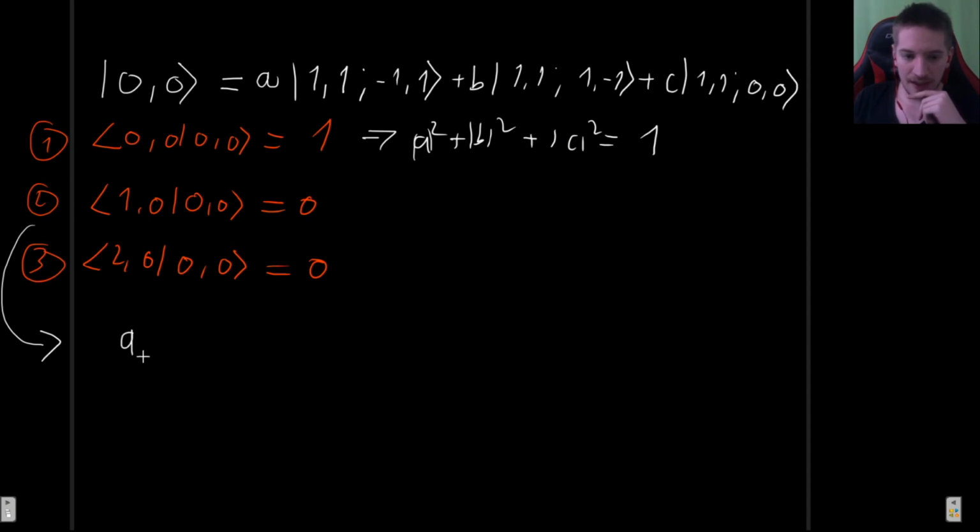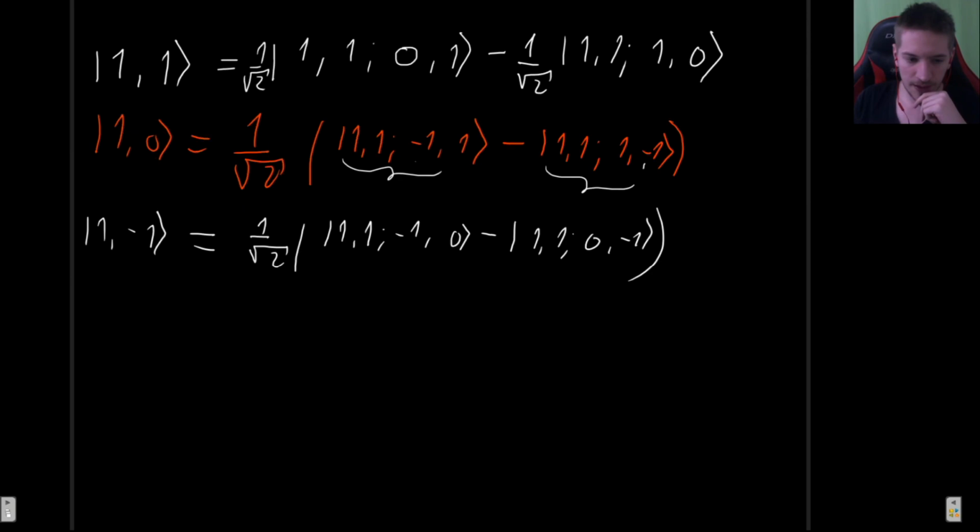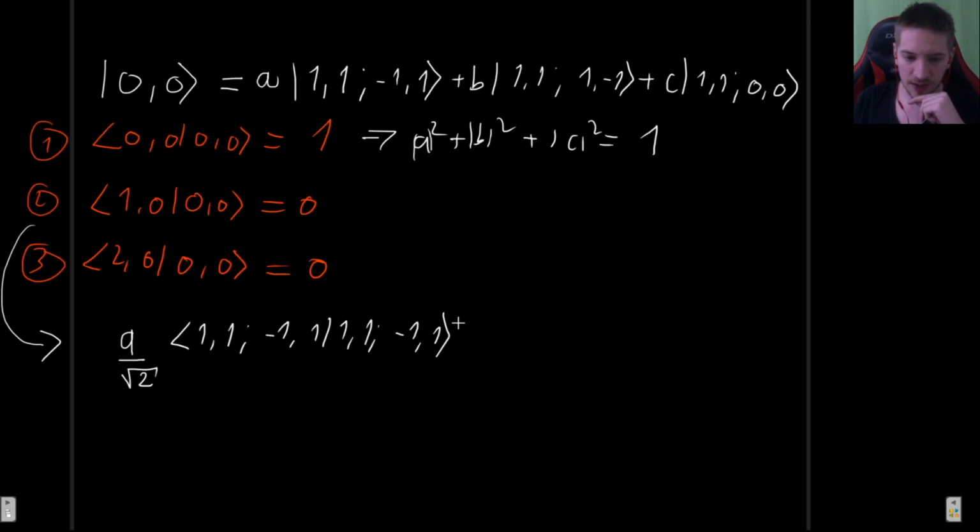Because |1,0⟩ is, yes, we took this part right here, and then the other one has a minus sign. So we get minus this part. So we get minus b over the square root of 2 times |1,-1⟩. And this has to be, and this is of course the inner product. I only wrote part of it.